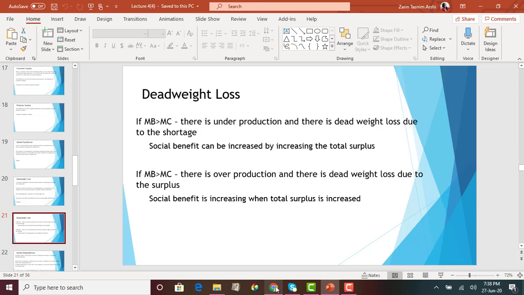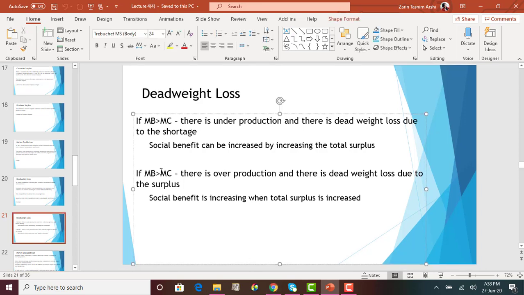Okay, so dead weight loss will happen if marginal benefit is greater than marginal cost, or if marginal benefit is less than marginal cost. In that scenario we are going to have dead weight loss. So if marginal benefit is greater than marginal cost, then we have underproduction, and we are going to have a dead weight loss, and I'm going to show it to you in terms of a graph.